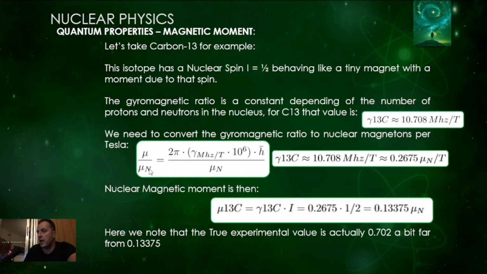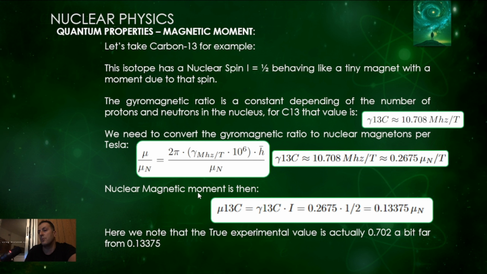μ over μn, which is the conversion, is equal to 2 pi times gamma, which is this value here, 10.708 megahertz per Tesla times 10 to the power 6, times Planck's constant divided by μn. All right, and you get 0.2675 magnetons per Tesla.